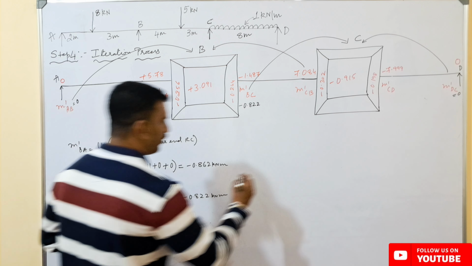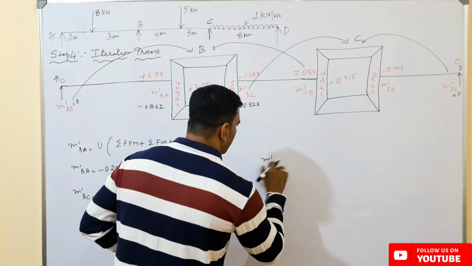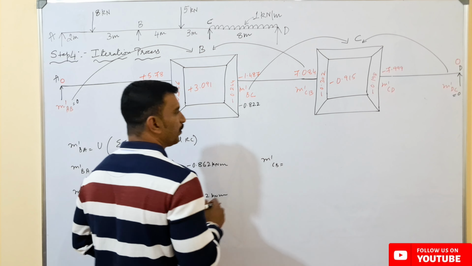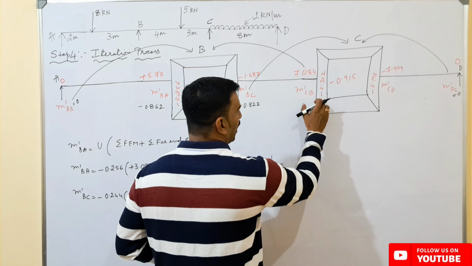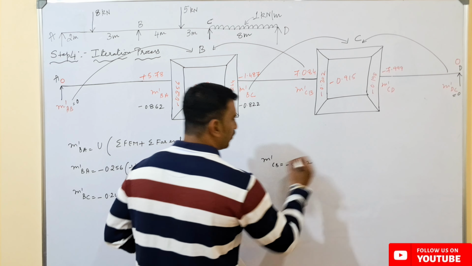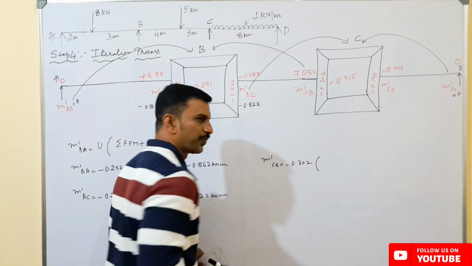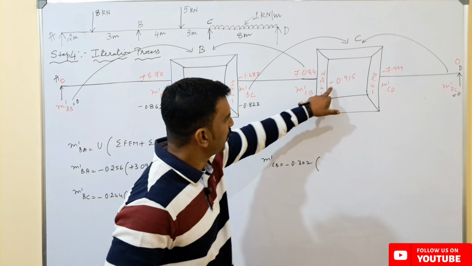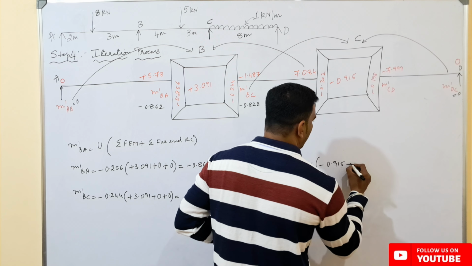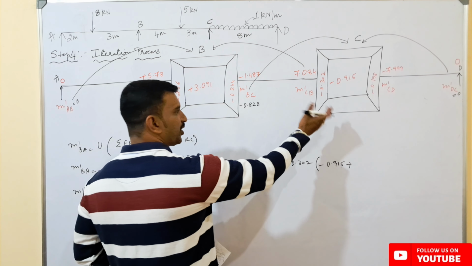Next, we need to find out the rotation contribution for C to B, which will be equal to, the formula we know, U, the value of U here is minus 0.302, summation of fixed end moment. So the summation of fixed end moment here is how much? Minus 0.915 plus the summation of far end rotation contribution.